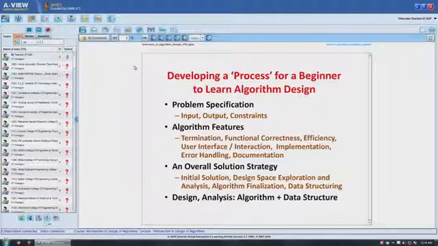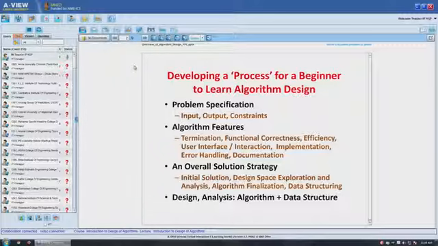So, in our case, we are trying to develop, as we have mentioned in our original lectures, a process for a beginner to learn algorithm design. However, before we go to the process, the first and the most important thing for any algorithm designer to do is to be able to specify the problem accurately.